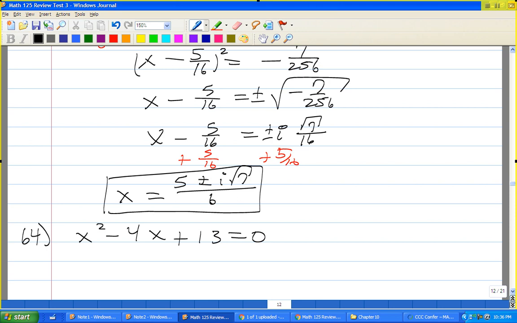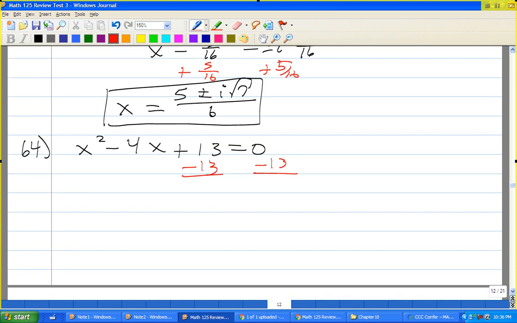And so, let me bring the 13 to the right-hand side of the equation. So let me subtract 13 from both sides of my equation. And so I get x squared minus 4x equals negative 13.